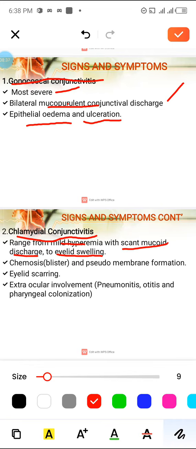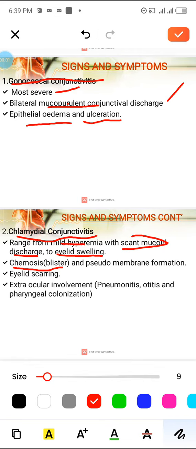Then sometimes scanty mucoid discharge, meaning whitish discharge. Then other things that we can find can be chemosis. Chemosis are simply blisters. So blisters can form in the eyes, on the eyelids or on the conjunctiva. Mostly the eyelid is where you can find blisters.